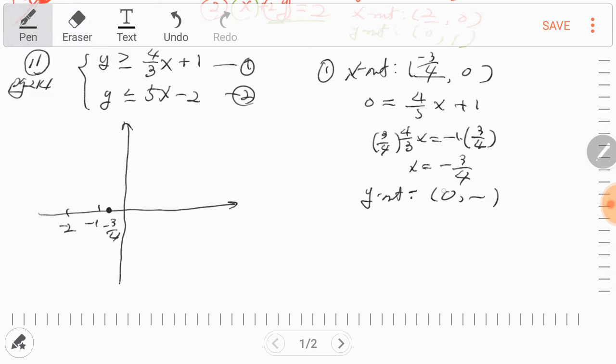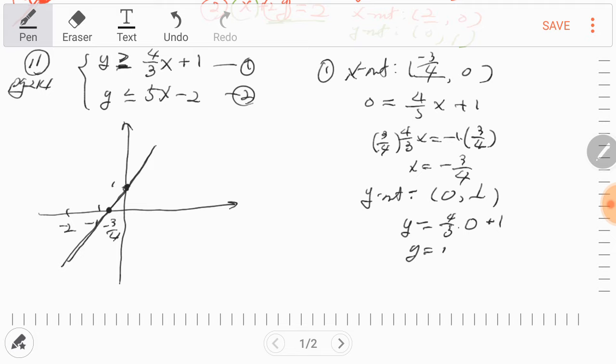So in the first inequality, the x value is 0, so 4/3 times 0 plus 1, then y equals 1. So the y-intercept is: x equals 0, then y is 1. The first inequality contains the equal sign, so use a solid line. So this is the line of the first inequality.